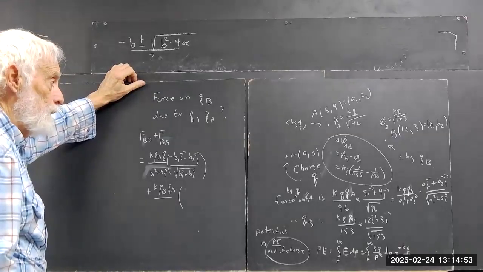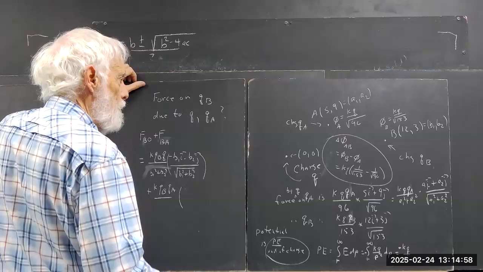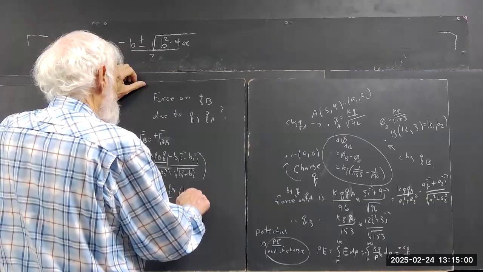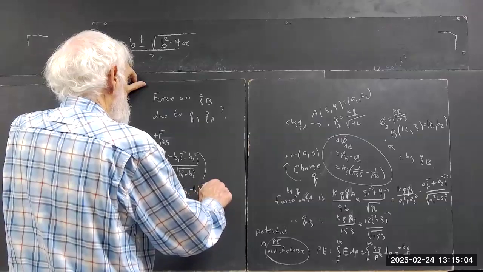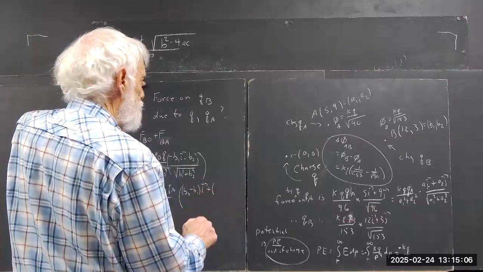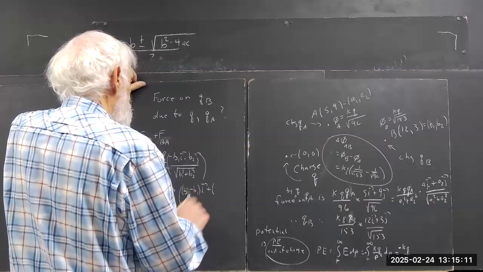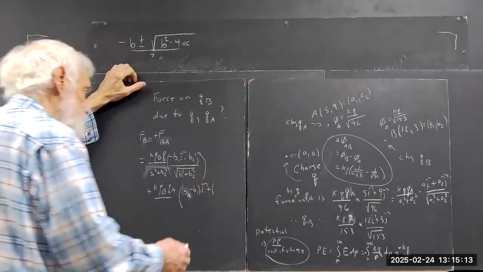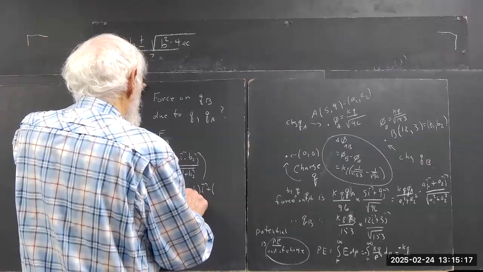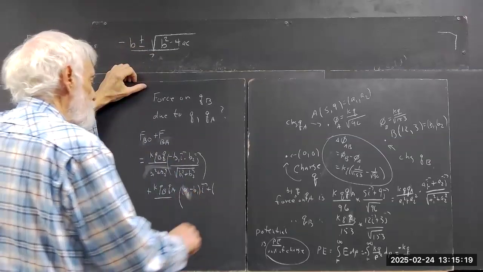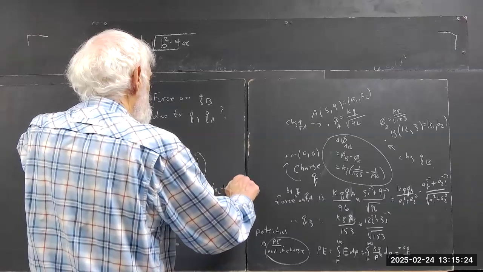The i component is going to be, it's not B2, it's A1 minus B1, and A2 minus B2 j.